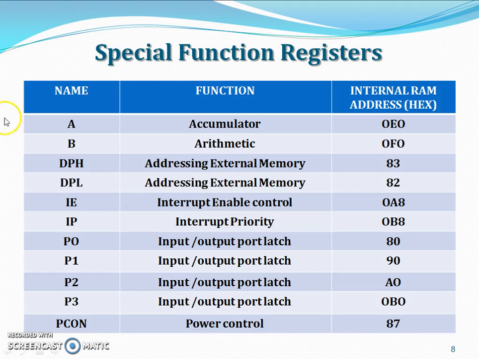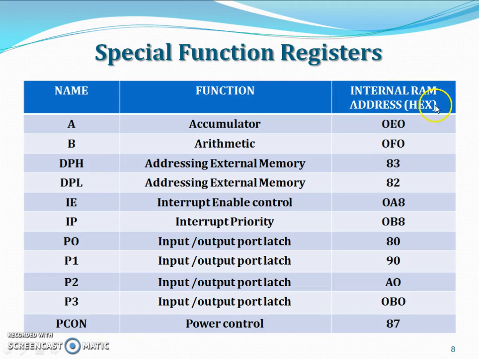Now see the special function registers, namely A, B, DPH, DPL. DPH and DPL together are commonly known as DPTR: data pointer high byte and data pointer low byte, 8-bit registers. Commonly it is known as DPTR, the data pointer register.